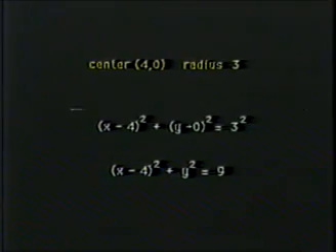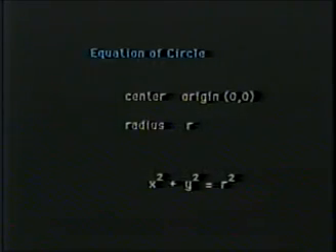Then notice what happens to the y part. Y minus 0 squared becomes a very simple y squared. Which might start you thinking about what will happen if the center of the circle is at the origin. What happens is that we have a much simpler kind of equation to cover this one special case.